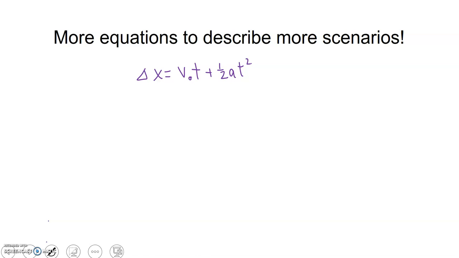The next equation is the final velocity squared equals the initial velocity squared plus 2 times the acceleration times the displacement. And the third, final velocity is equal to initial velocity plus acceleration times time. These three equations are used for objects that have a constant acceleration.